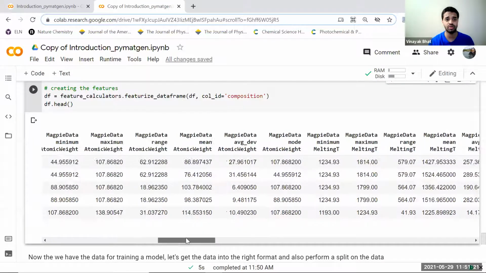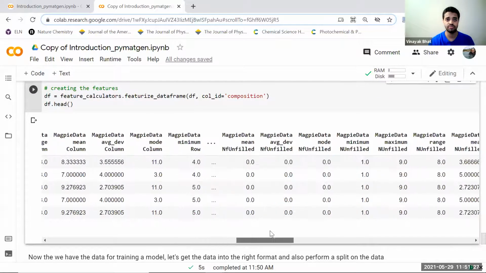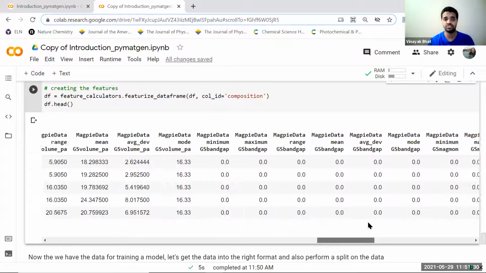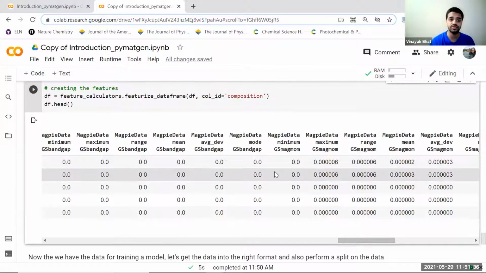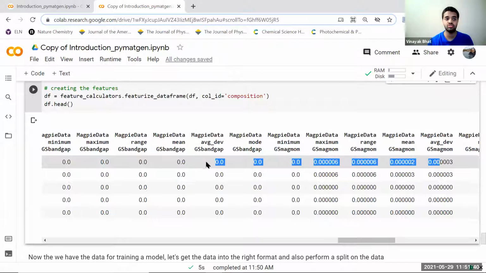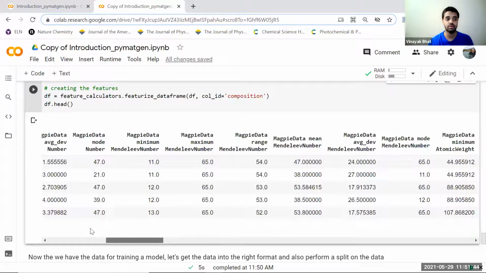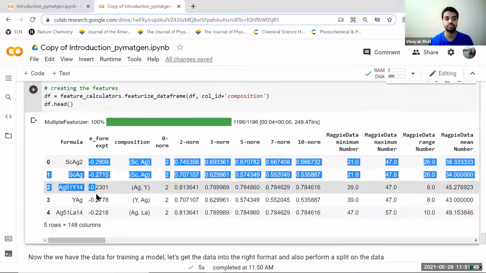There's melting temperature, minimum melting temperature, maximum melting temperature, and other things. So you see, there are a lot of features that we have generated. Now these would be the things that we would use for training, and all of these features, just like the zeros and ones that we used, we are going to use these values as the input, and we are trying to predict the formation energy for this, which is this column.